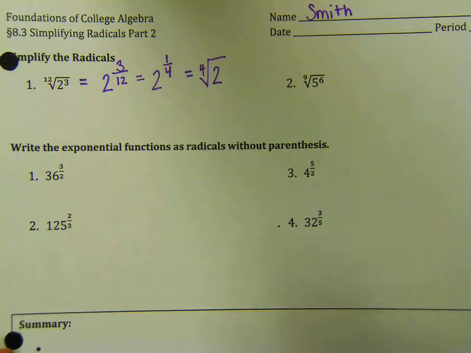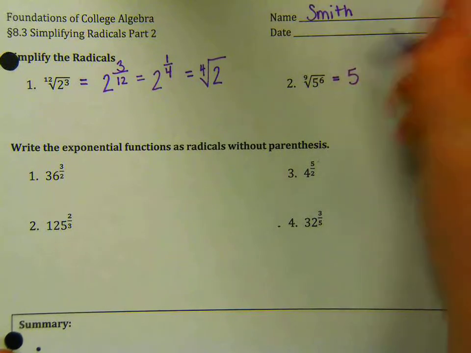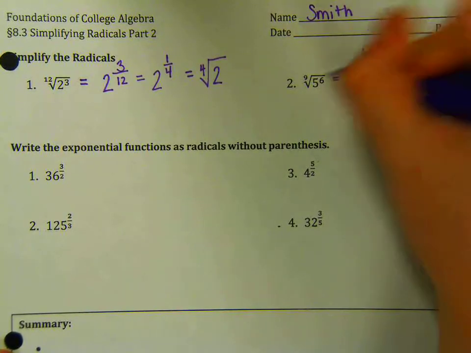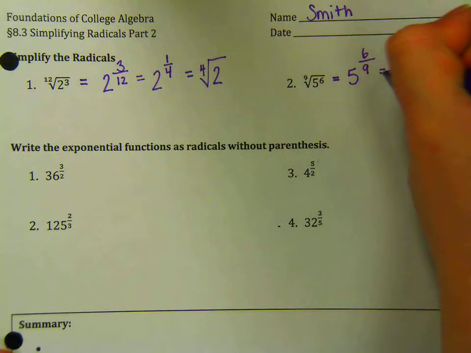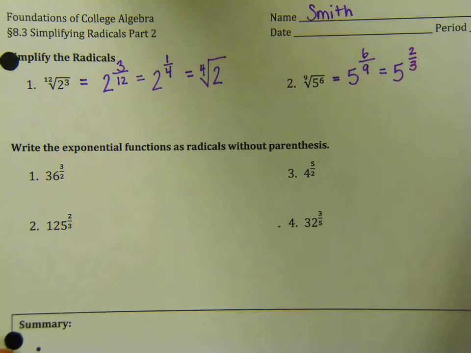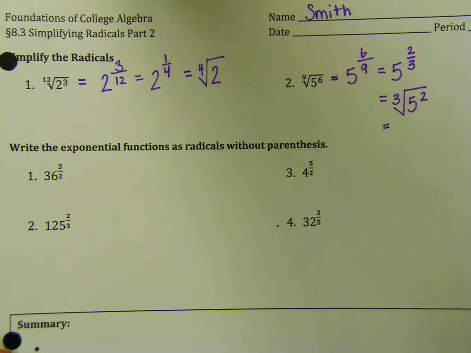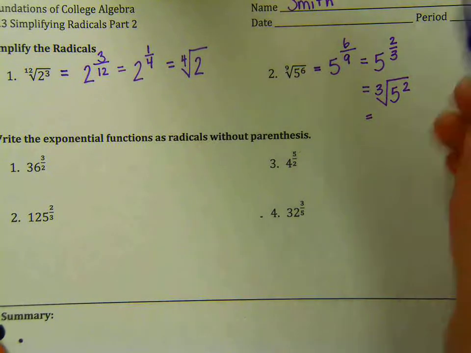Number 2, same concept. I'm rewriting this as 5. 6 is my exponent, 9 is my index. Simplify 6 over 9, so I have 5 to the 2/3. From there, I'm going to rewrite that again. So cubed root of 5 squared. And you can actually simplify this one further.